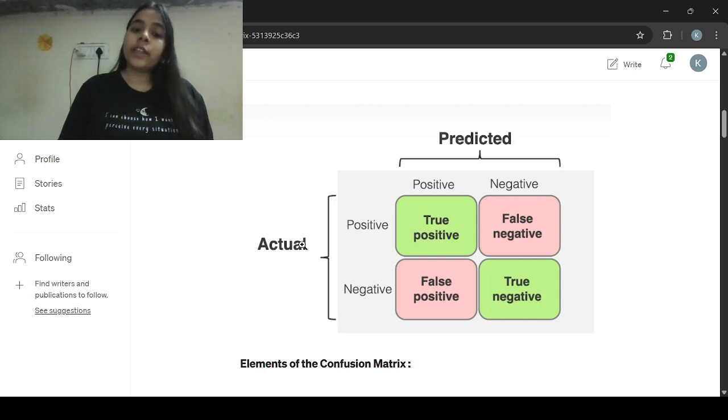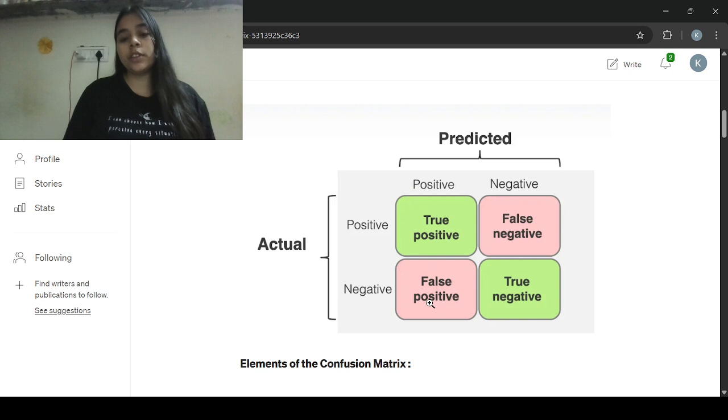If any data is positive but it is predicted as negative, then it is called false negative. If any data is actually negative but it is predicted as positive, then it is known as false positive. And if a data is actually negative and it is predicted as negative, then it is true negative.